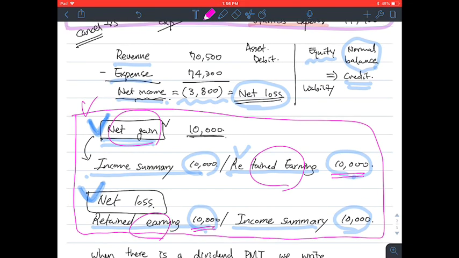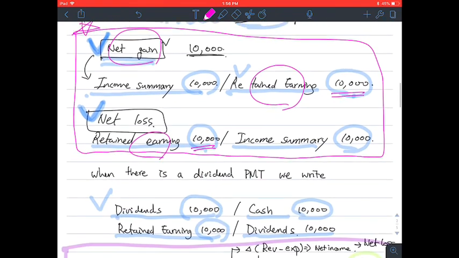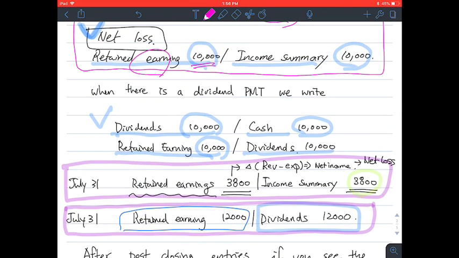When there is a net gain, your retained earnings should increase, so you credit retained earnings. When there is a net loss, you should debit retained earnings because you're going to have to decrease the retained earnings. So this is important. And dividends are quite simple, right? Retained earnings 12,000 and dividends 12,000. The whole idea is to make dividends equal 0.